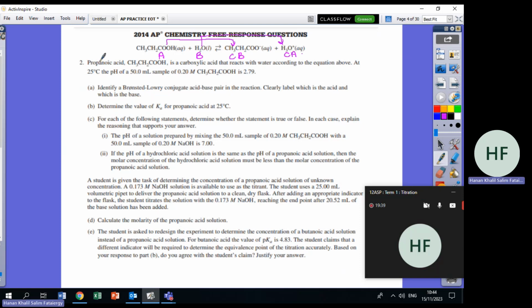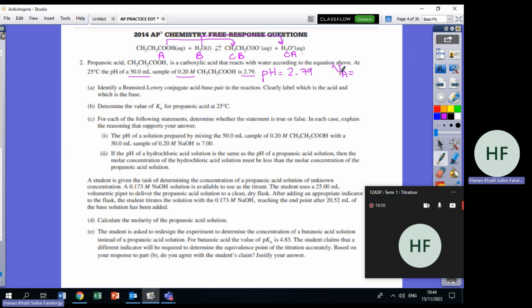Okay? At 25 degrees, the pH of 50 milliliters of 0.2 molar acid is 2.79. So the pH is equal to 2.79, and the volume of acid is 50 milliliters.